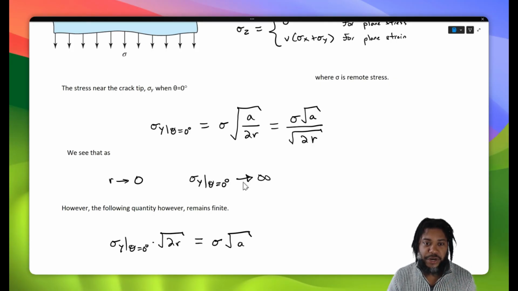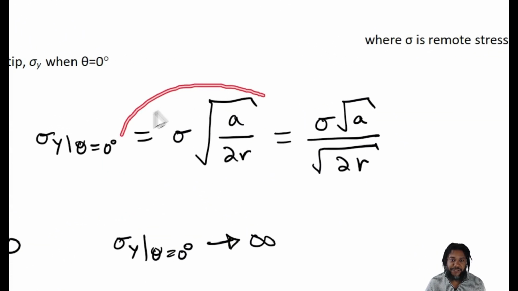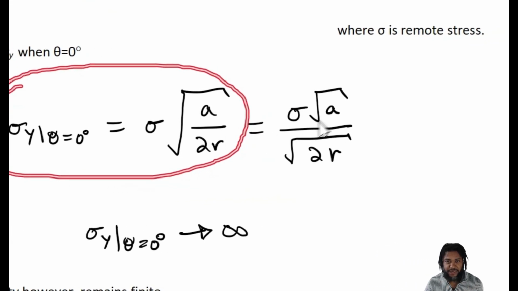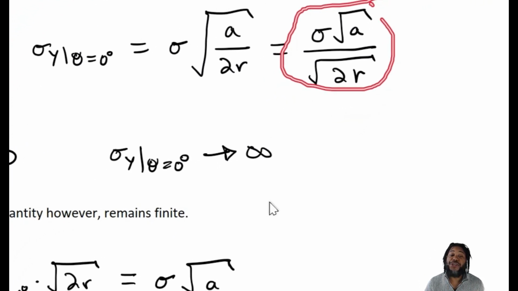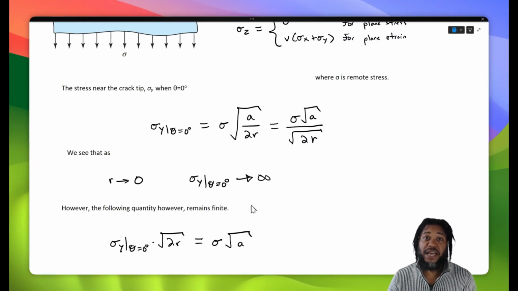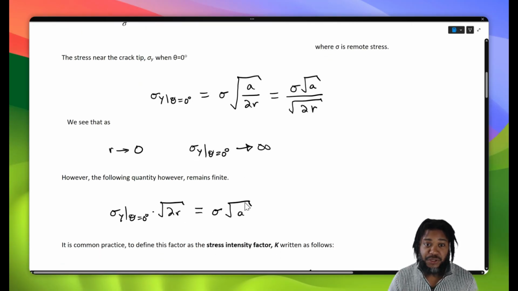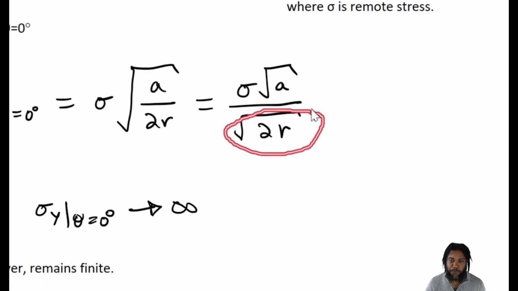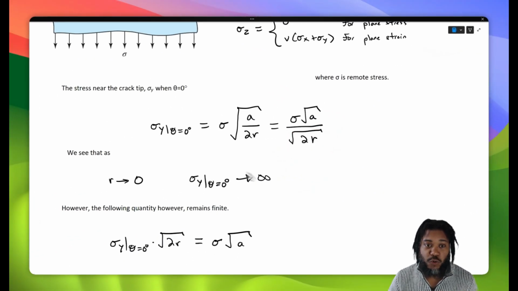However, what if instead of evaluating this in its current form, where stress is equal to this term, we rearrange it and try to find a quantity that remains finite, even though stress itself is calculated to be infinite? We could take the denominator on the right-hand side and move it over to the left-hand side.